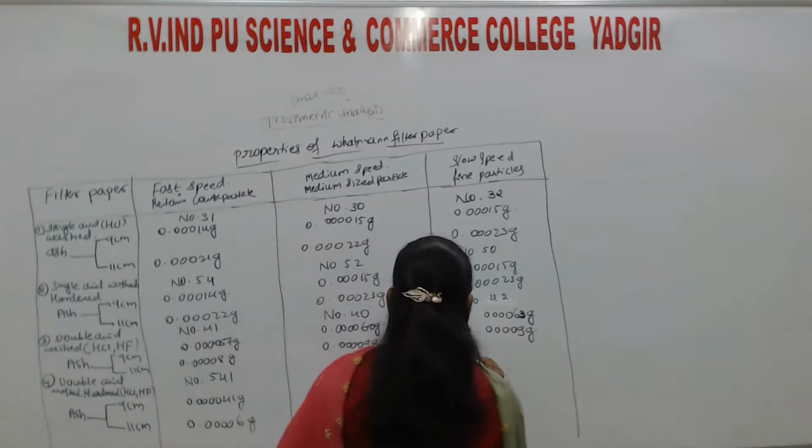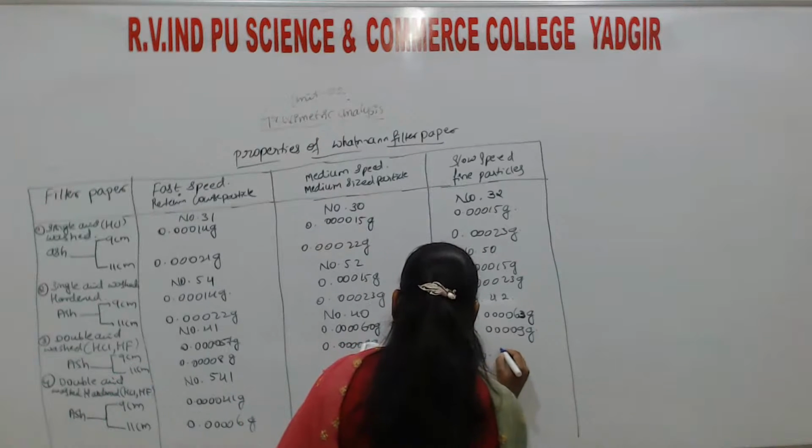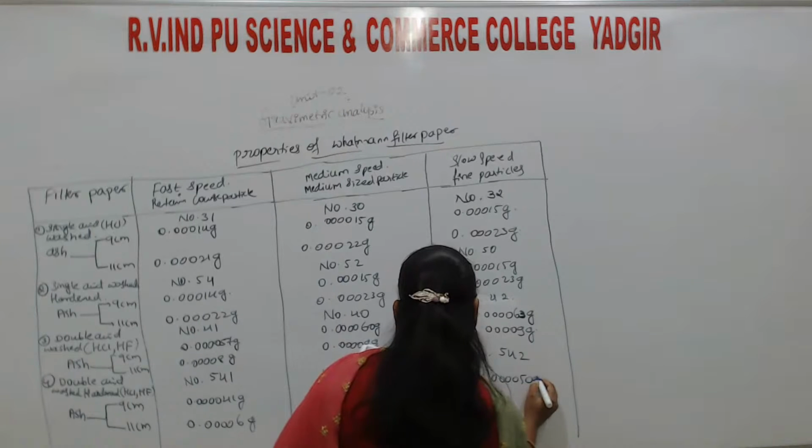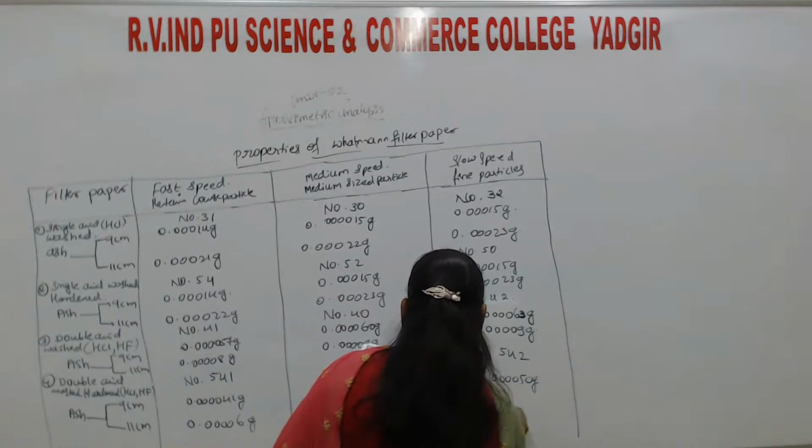Number 542 has 0.41050 gram and 0.41007 gram.